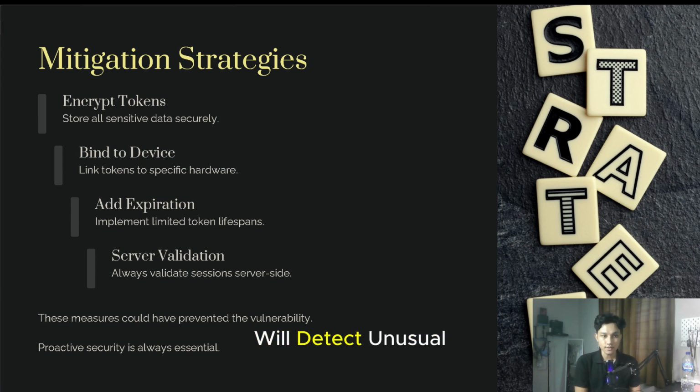Server-side systems should detect unusual activity, like logins from new devices or far-off locations, and challenge them with extra verification. Zoom has since patched the issues and improved their security posture, but this case is a clear lesson. Security must be built in from the start, not bolted on after a breach.